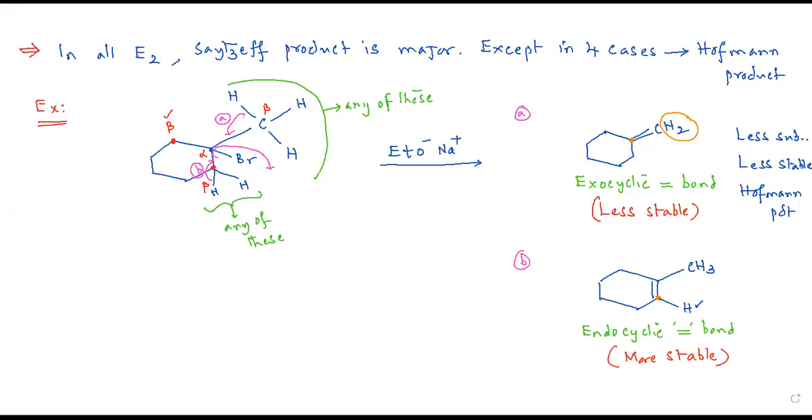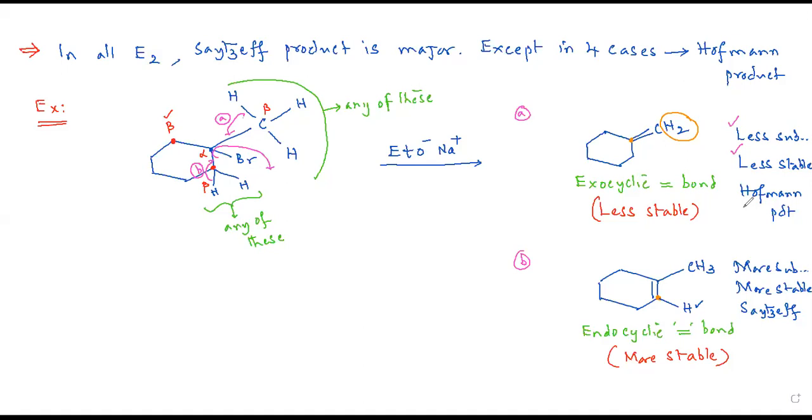Discussed. Now this one, this is more substituted, more stable, and of course, said. Clear. Less substituted because we still have two hydrogens left.